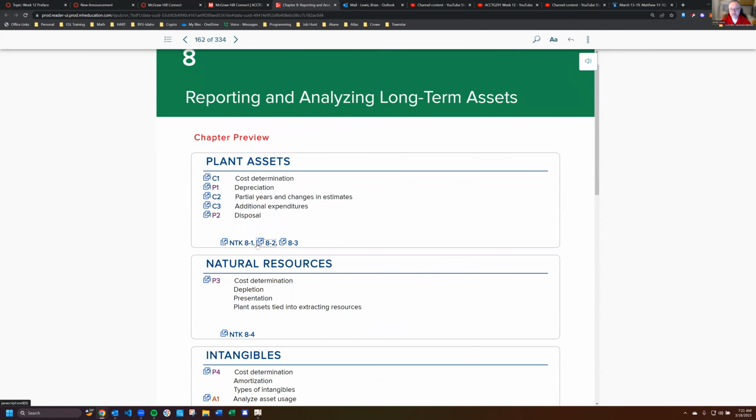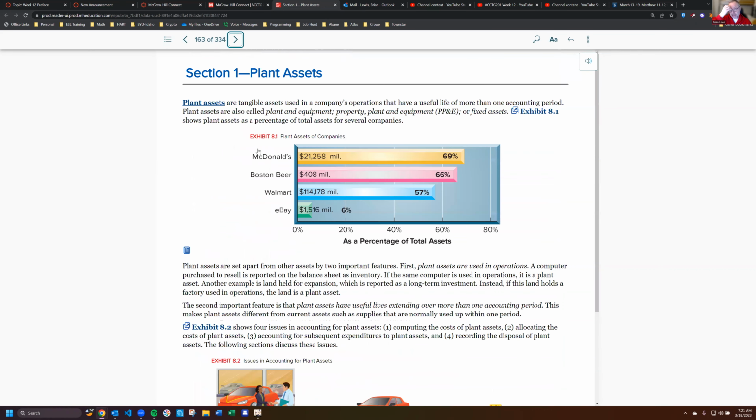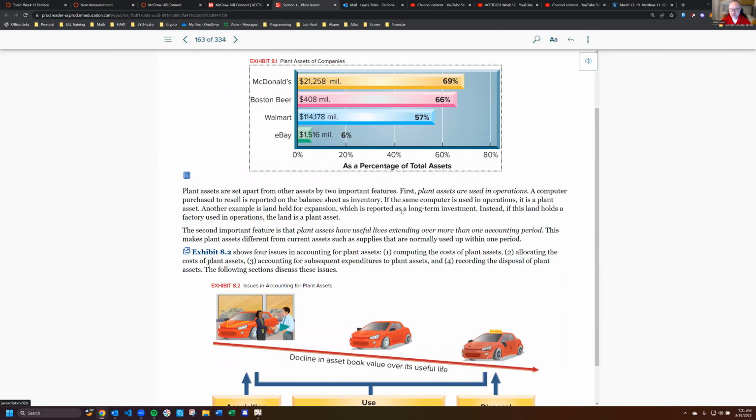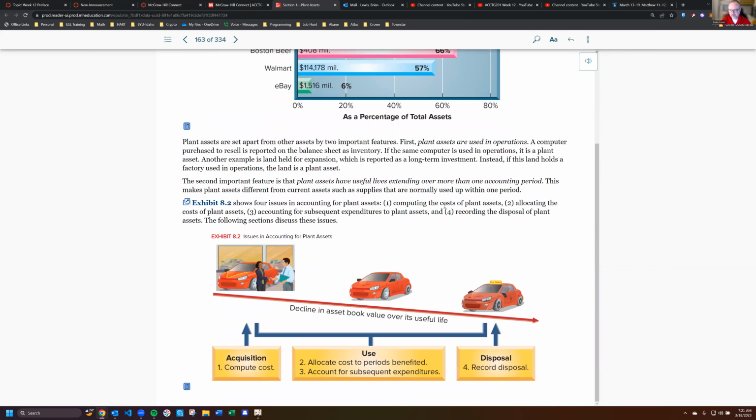Okay, now let's go to the next page. So on plant assets, it's going to go over what type of equipment or things of that nature are considered a plant asset, right? So you can include, it's used in the operations, right?